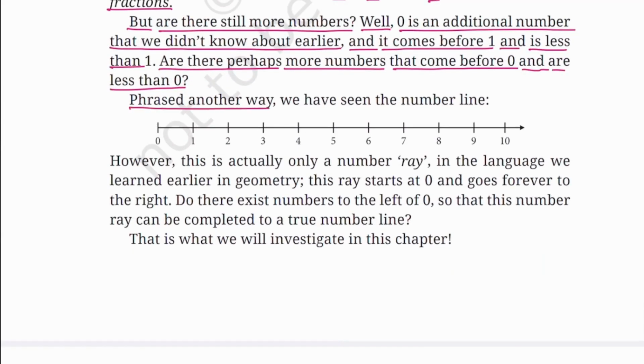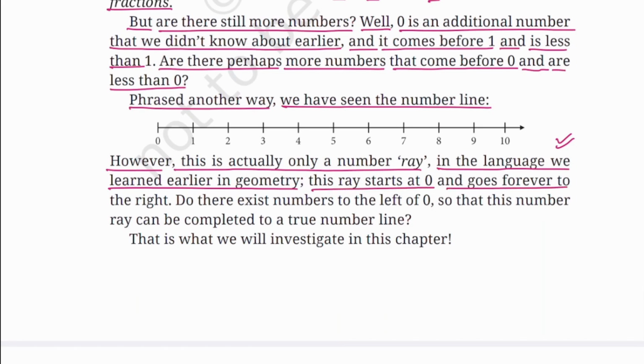Phrased another way, we have seen the number line like this. However, this is actually only a number ray. In the language we learned earlier in geometry, this ray starts at 0 and goes forever to the right.